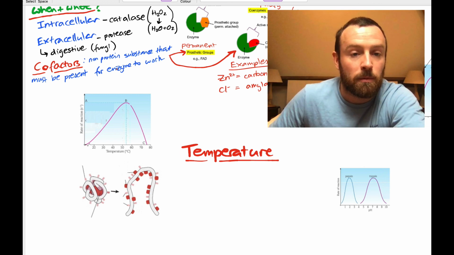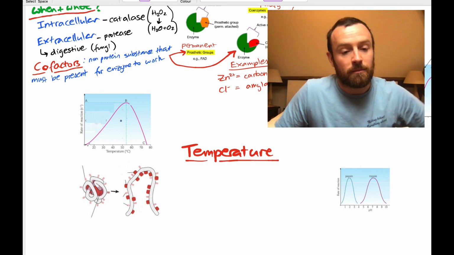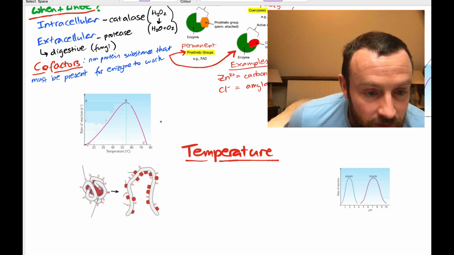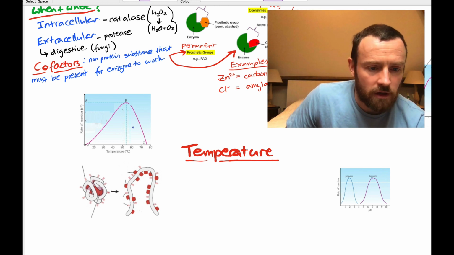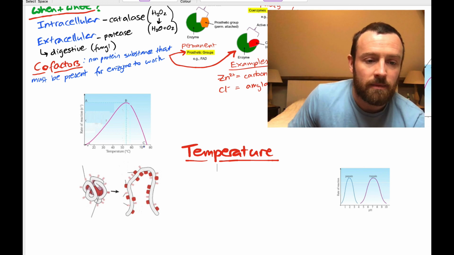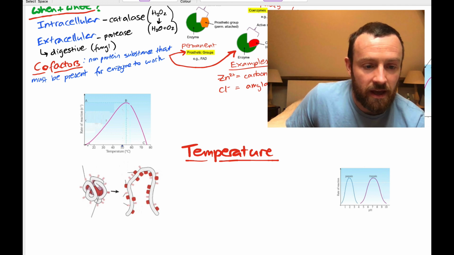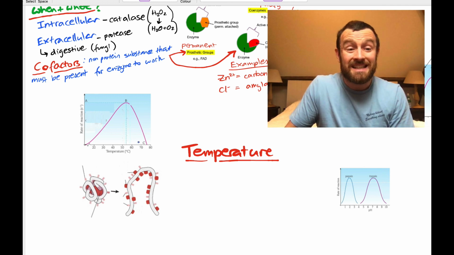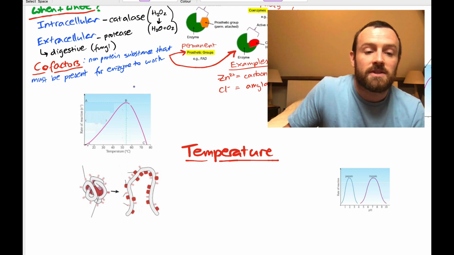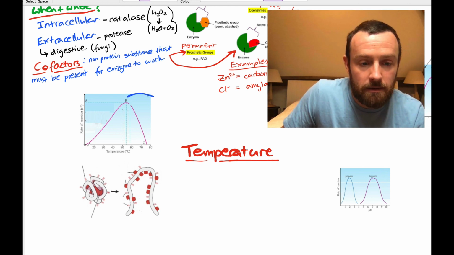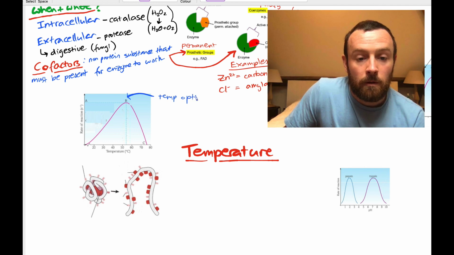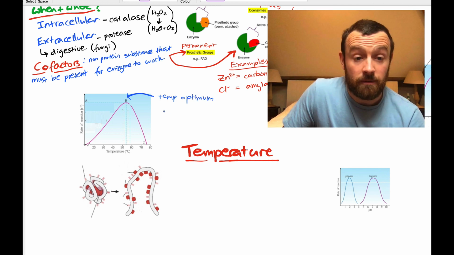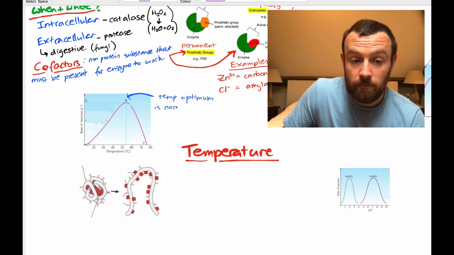So here is a typical graph showing the effect of temperature on enzymes. And actually, this is not a typical enzyme, because this enzyme has its optimum here at about 55 degrees Celsius. That's quite hot. So let's just say that normally the optimum is normally body temperature, but it doesn't have to be.